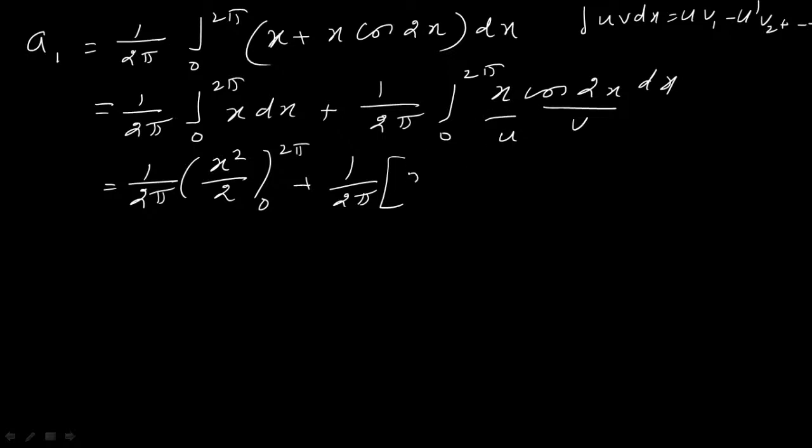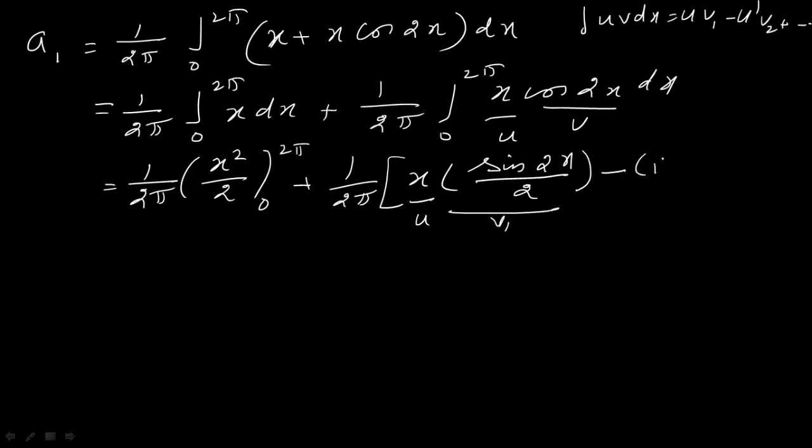U is nothing but x. v1 is integrating cos 2x, you get sin 2x divided by 2. Minus u dash v2. This is your u and this is your v1. U dash is nothing but 1, while differentiating x, you get 1.